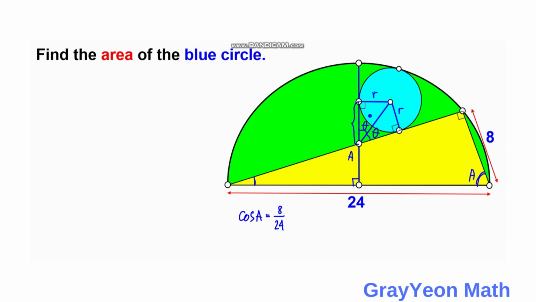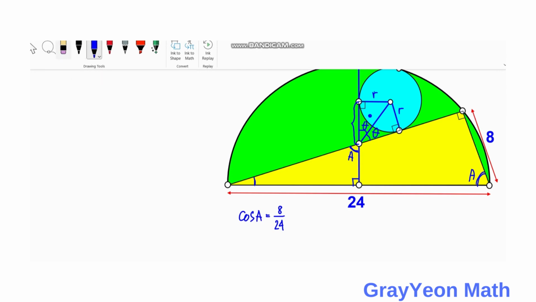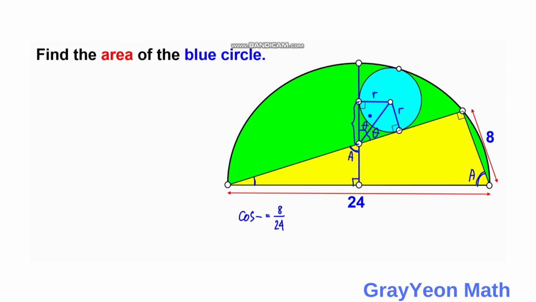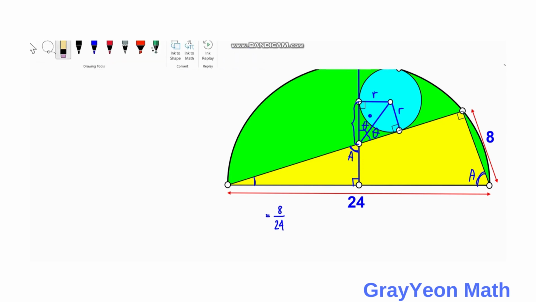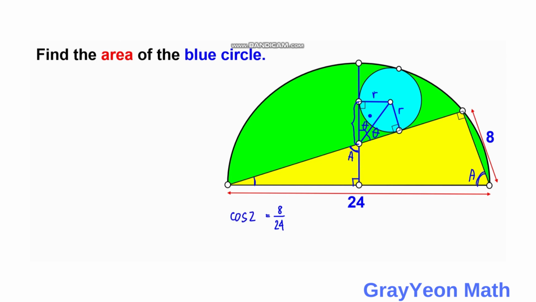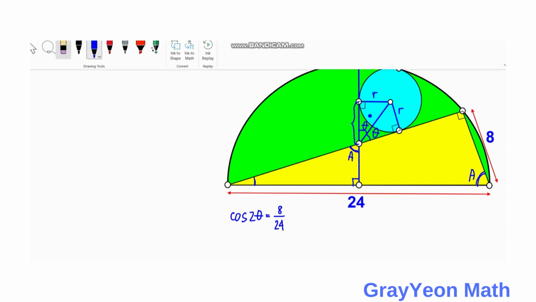But now you can notice that twice theta is a vertical angle with A. As we all know, vertical angles are equal, so we can replace this A with 2 theta. So this becomes cosine of 2 theta.